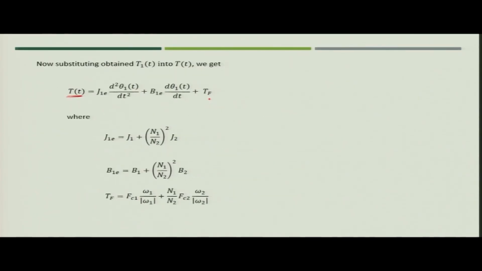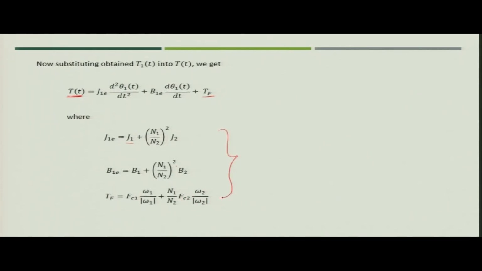So, when you further simplify, you can write total torque T is nothing but J1 equivalent d2 theta 1 by dt2 plus B1 equivalent d theta 1 by dt plus Tf, that is equivalent Coulomb torque. So, what is J1 equivalent, that is J1 plus N1 upon N2 square J2, B1 equivalent is B1 plus N1 upon N2 square B2 and Tf is nothing but Fc1 omega 1 divided by omega 1 mod plus N1 upon N2 Fc2 omega 2 upon omega 2 mod.